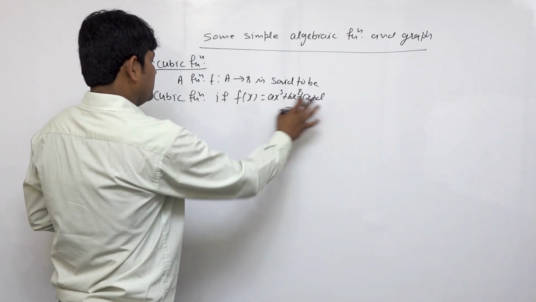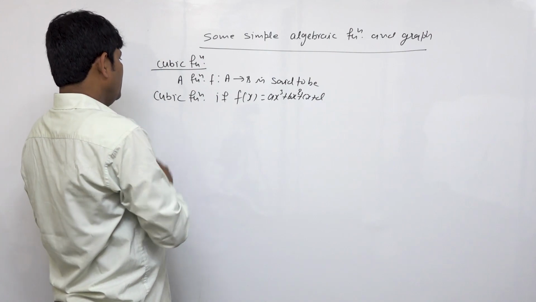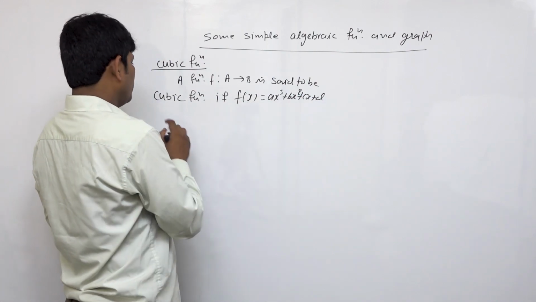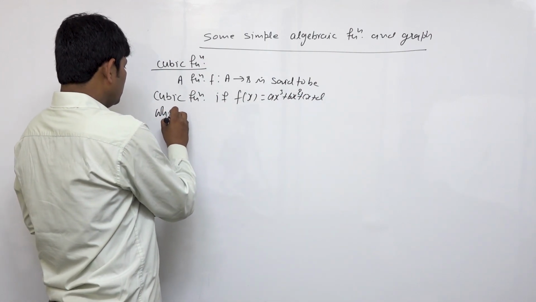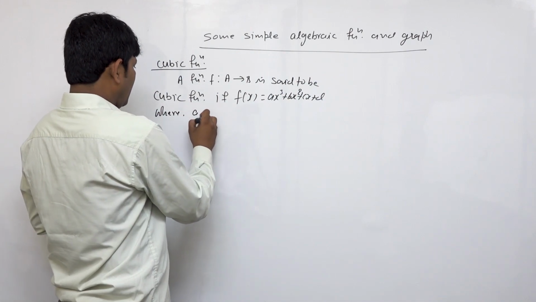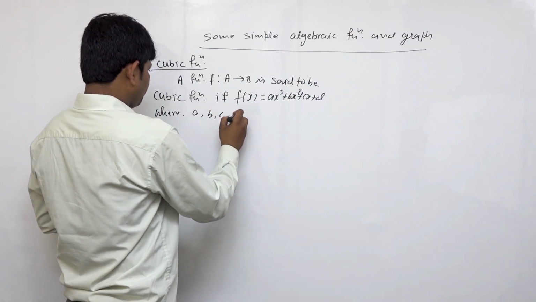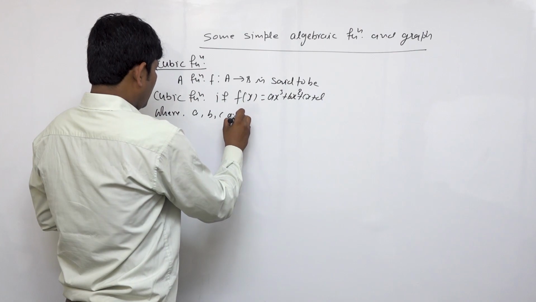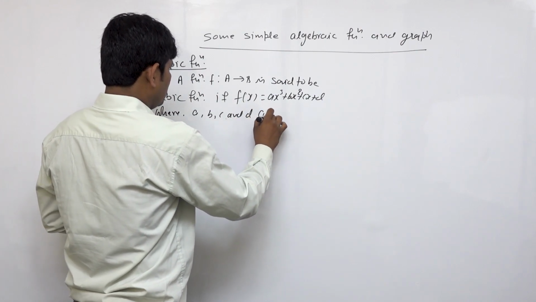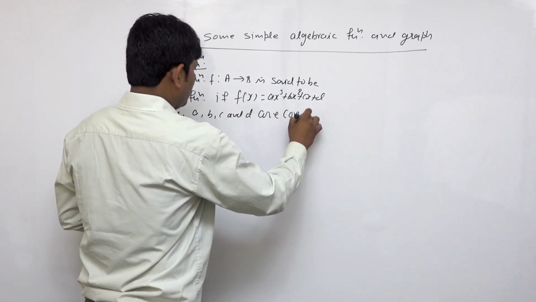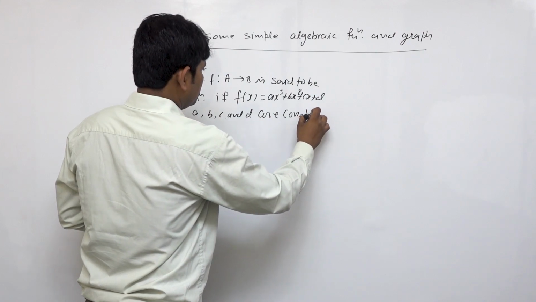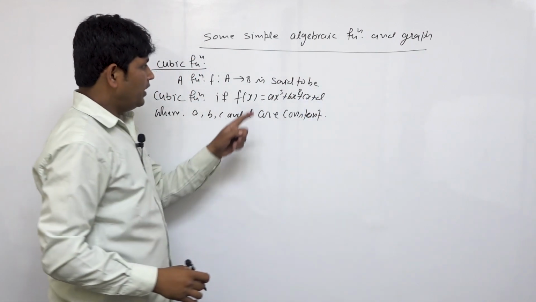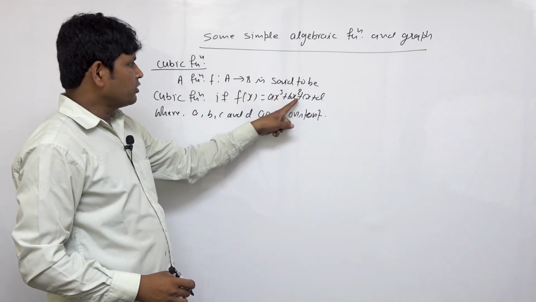This whole format is the cubic function, where a, b, c, and d are constants.